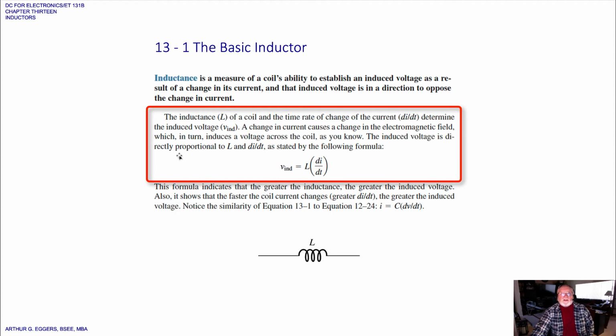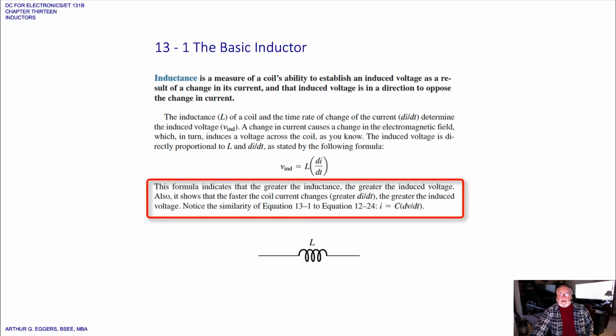The induced voltage is directly proportional to the inductance L and di by dt. So our mathematical expression, like we developed for the capacitor: V induced is equal to L di by dt. This formula indicates that the greater the inductance, the greater the induced voltage. It also shows that the faster the coil changes its current, di by dt, the greater the induced voltage. Okay, so again, you can see here's our capacitive dV by dt relationship.